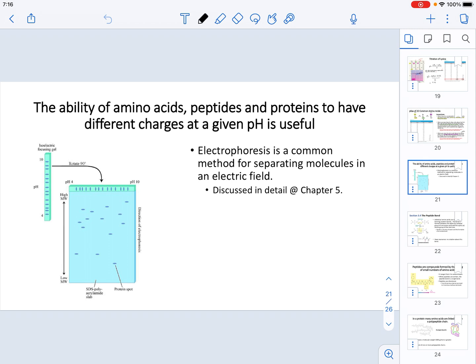Just to give you a brief introduction, here we have an isoelectric focusing gel.